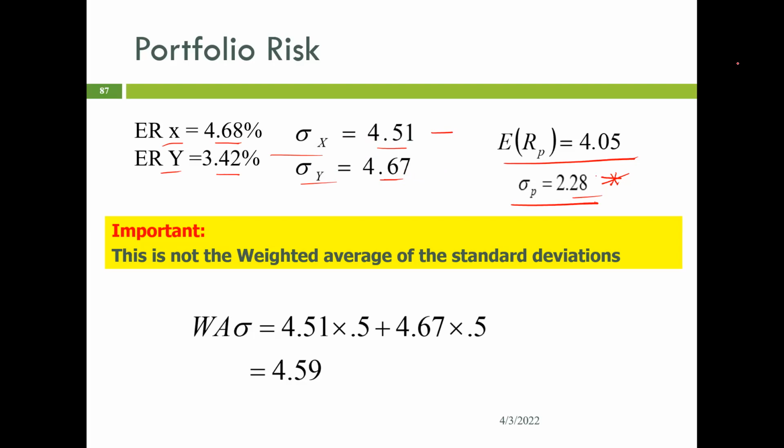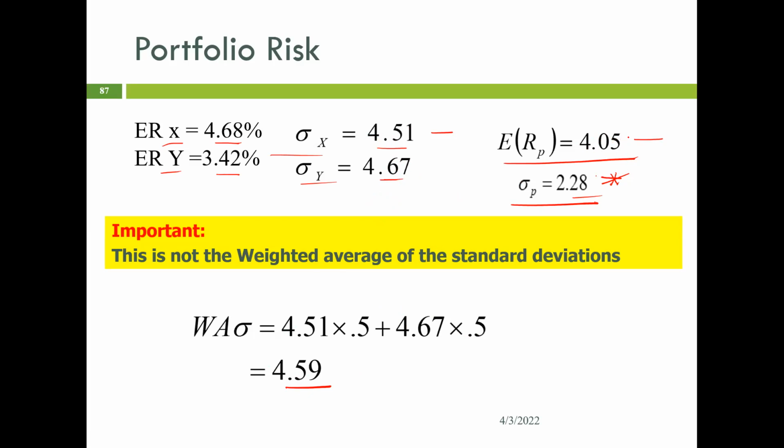Now, if you calculate the weighted average standard deviation of these two stocks, you will get 4.59. Weighted average standard deviation means 50% from the X stock standard deviation and 50% from the Y stock standard deviation. Here you can see a portfolio return is a weighted average of the expected returns of the individual stocks.